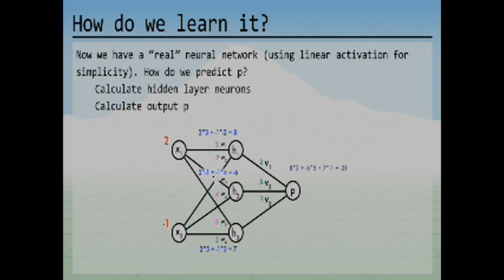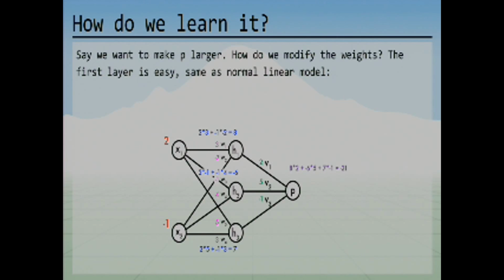And we have some output for p. Now imagine that we want to start making some changes to this network to predict some different value. So for this data point, 2 and -1, imagine that p was supposed to be like 50 or something. So what we want to do is modify the weights of the network to increase the final prediction p.